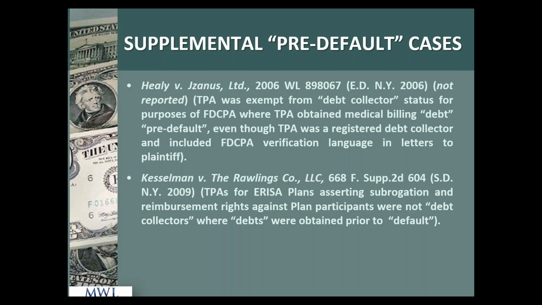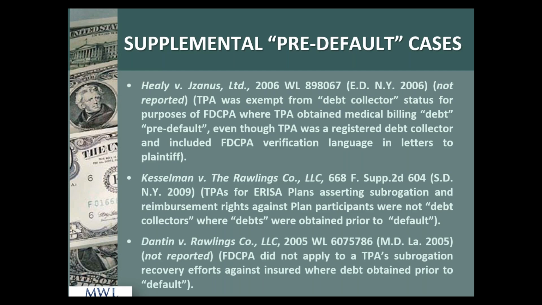They were having their typical ERISA lien. They had a number of participants who had settlements coming. They are trying to get recovery owed to the plan under the plan's terms. But because, again, they got it prior to the time the parties actually settled the underlying case, there was no application of the act. And then you have another one, Danton versus the Rawlings Company.